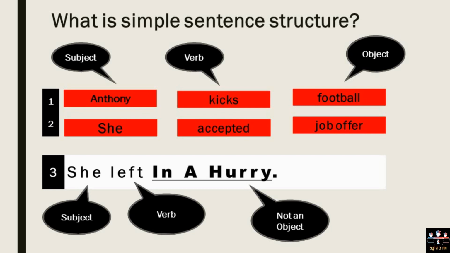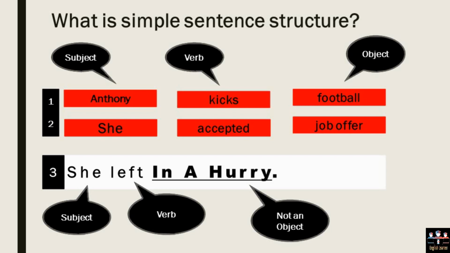Students, in English grammar, the simplest sentence structure consists majorly of subject, verb and object. These are three necessary components of the sentence structure in the simplest form.